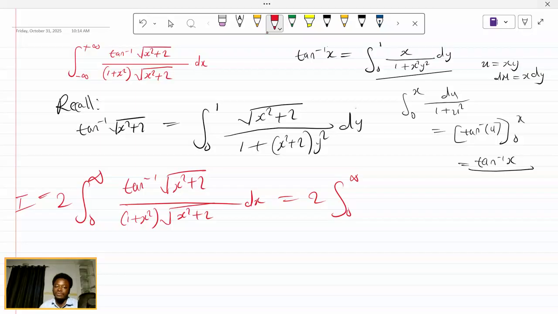Now we eliminate this tan inverse and just write 1 over (1 plus x squared) times square root of x squared plus 2.